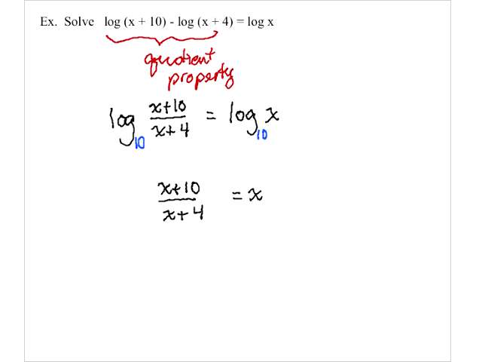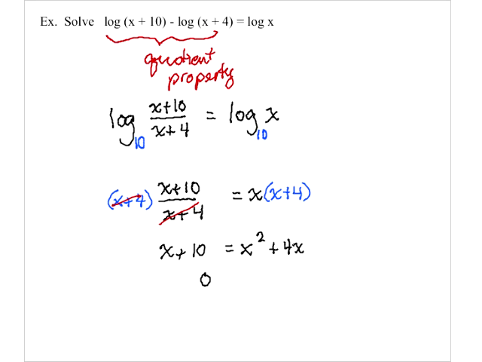We're going to solve this rational equation. So I'll do that by multiplying both sides by x plus 4. Let's get it out of the denominator on the left. So it cancels out on the left. And so now we have x plus 10 equals x squared plus 4x, which is quadratic.